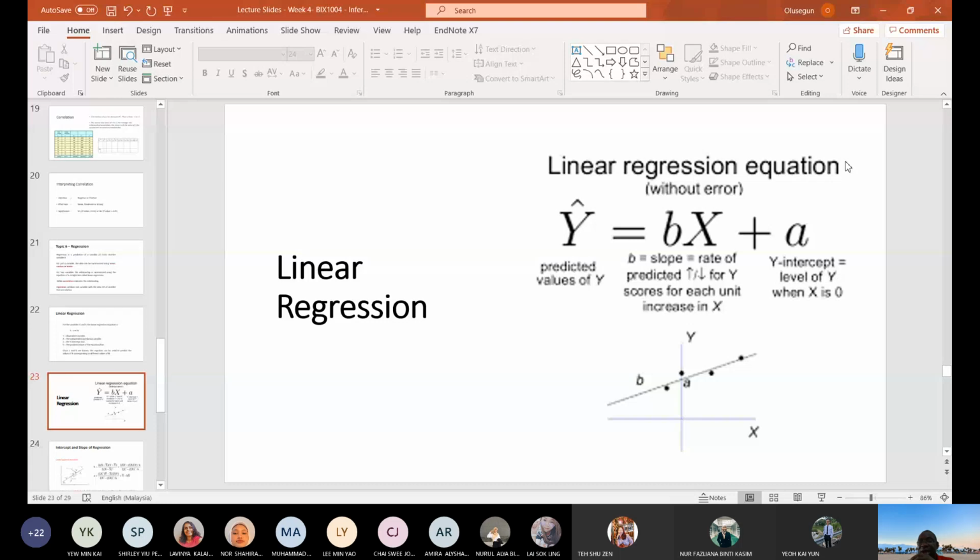Y is the predicted value, x is the one predicting y, b is the slope, and b can be negative or positive, and a is the intercept of y. In the chart below, we can see that when x is 0, there's always a value for y, and that the slope can be negative or positive.